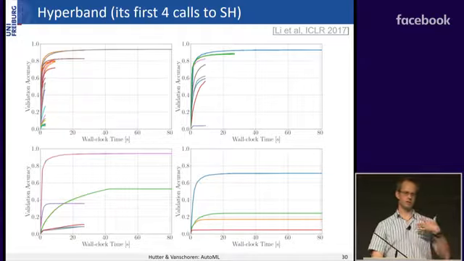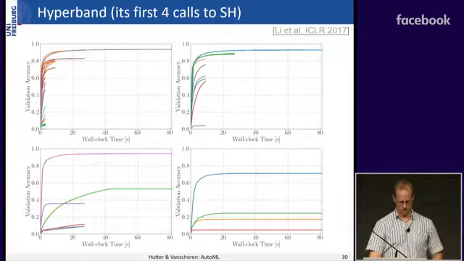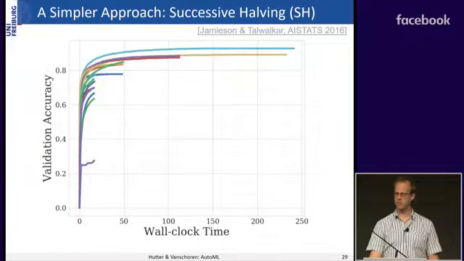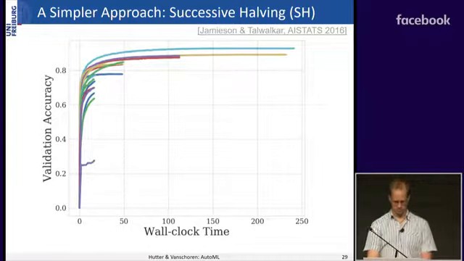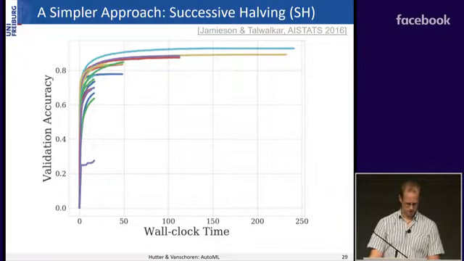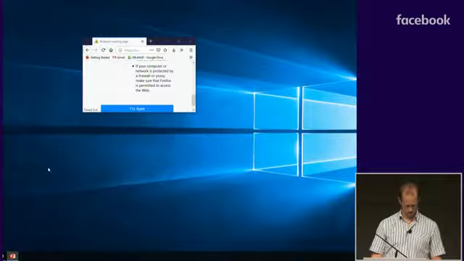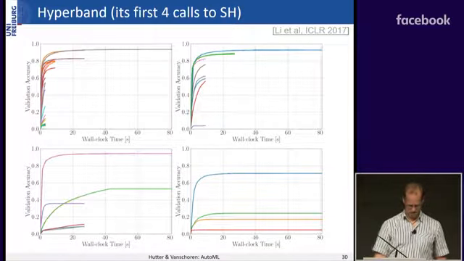So given an infinite compute budget, you would find the best configuration, even if this is the best configuration and continues up here. I think I'll stop using the laser pointer because then my presentation does not want to continue.